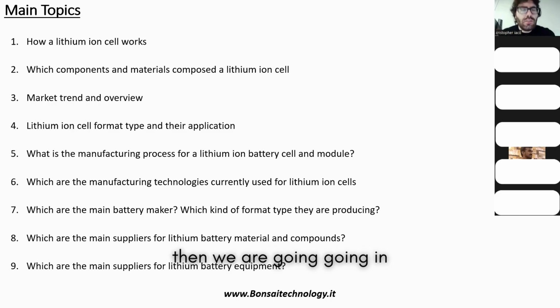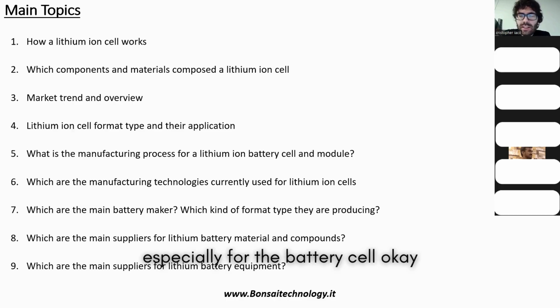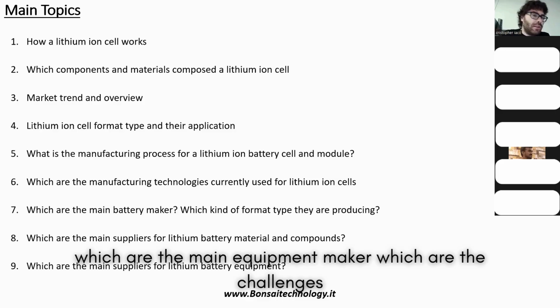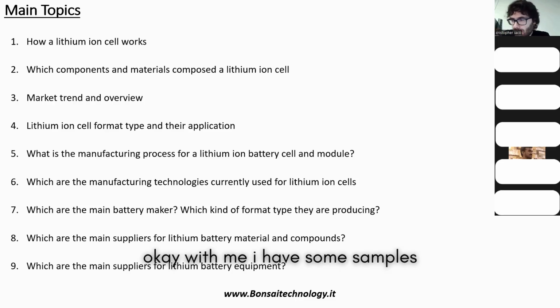And then we are going to deep dive into the format types, their application, the manufacturing process, especially for the battery cell, and the technology used for the manufacturing of lithium-ion cells and the equipment used, the equipment makers, which are the main equipment makers, which are the challenges in terms of manufacturing, in terms of process, and even an overview about the quality controls.